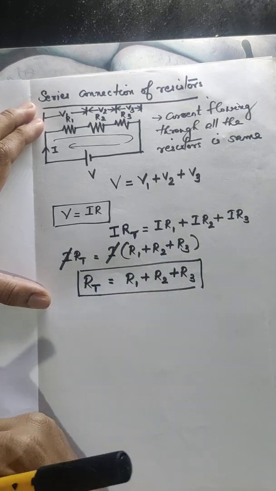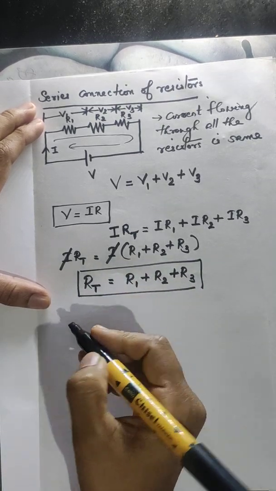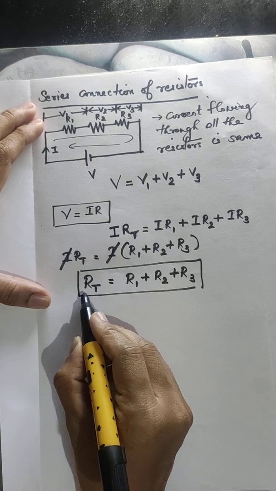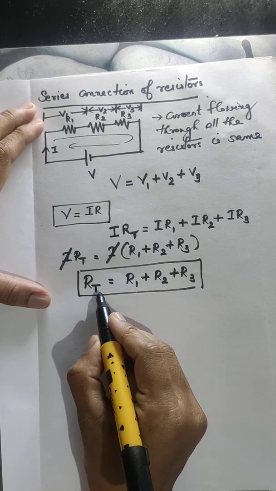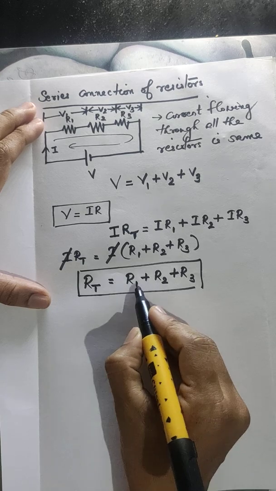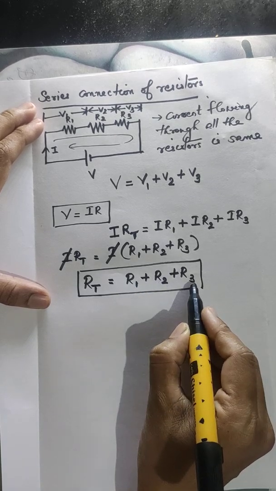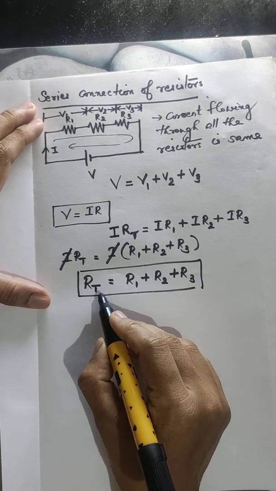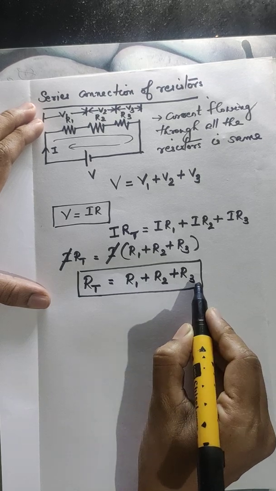So that means in a series circuit, the total resistance or the equivalent resistance will be equal to the sum of individual resistances. Here total resistance is R1 plus R2 plus R3.